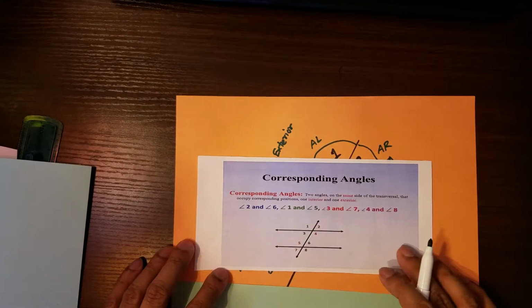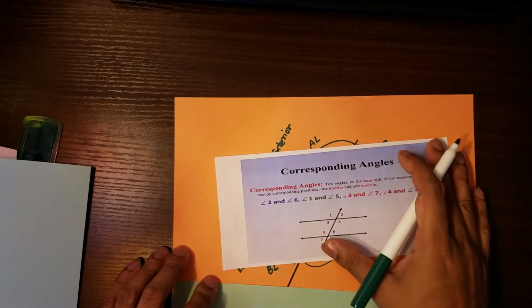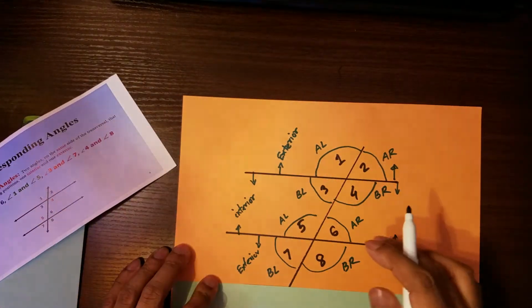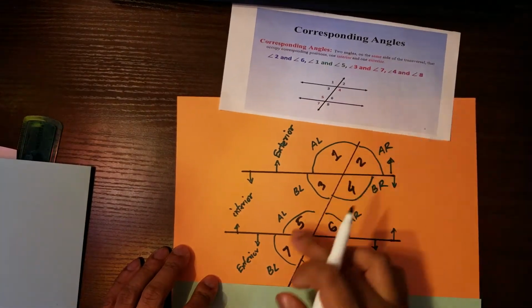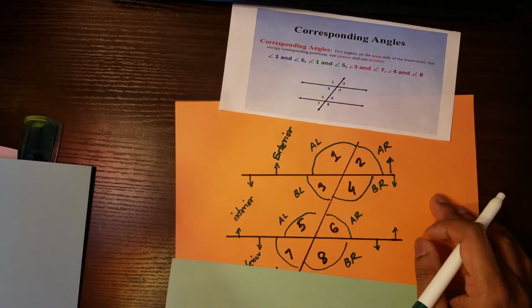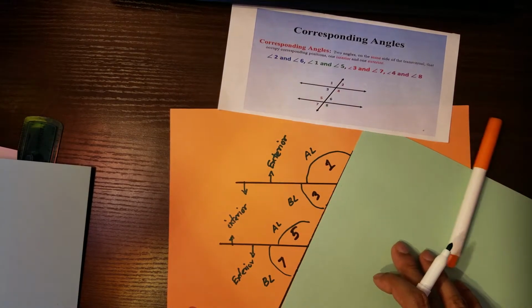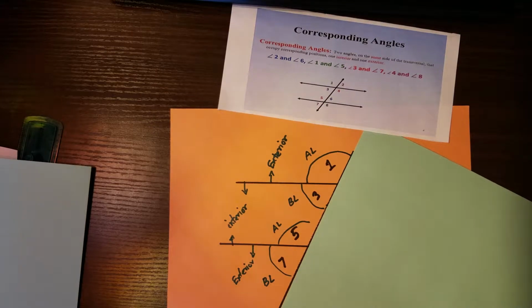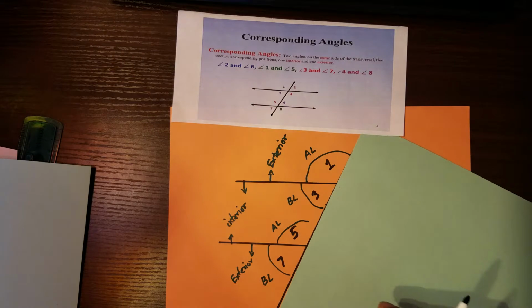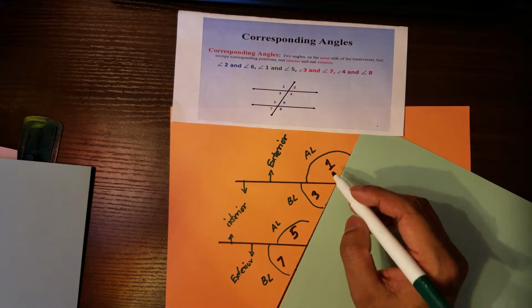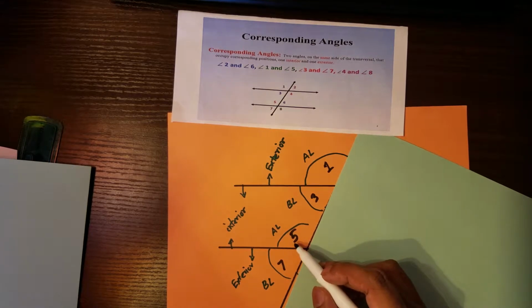You can see angles 2 and 6, 1 and 5, 3 and 7, and 4 and 8 are all corresponding angles. As I said, one needs to be exterior and one needs to be interior. Same side first of all, and then the next criterion is that one needs to be interior. This one is exterior and angle 5 is interior.